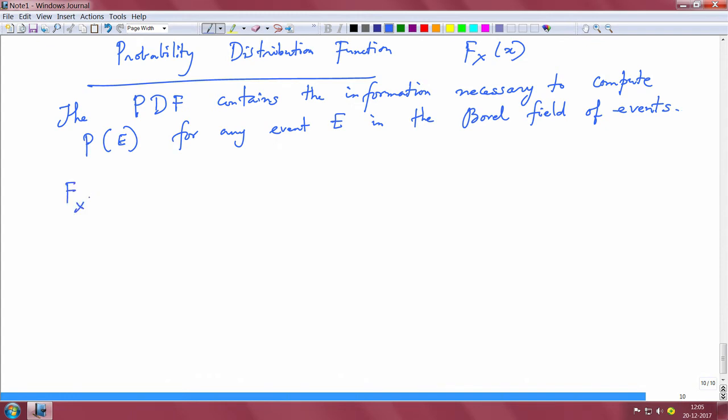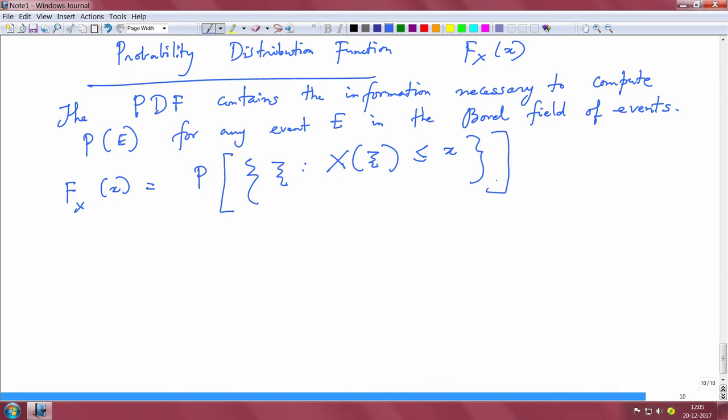So, if you get into the mathematical notation, the probability distribution function is basically the probability over all zeta such that under the mapping X of zeta, you are looking at a collection of all zeta such that this mapping is less than or equal to some chosen x, right.